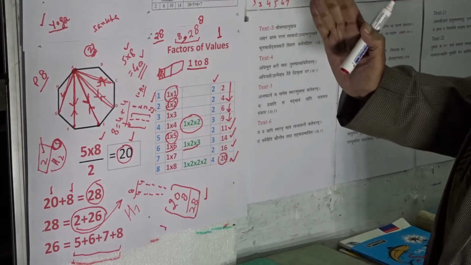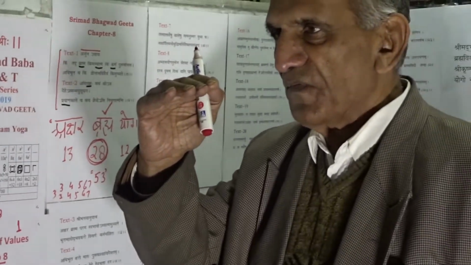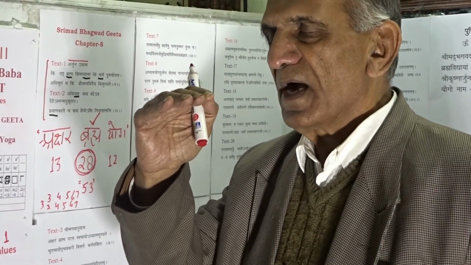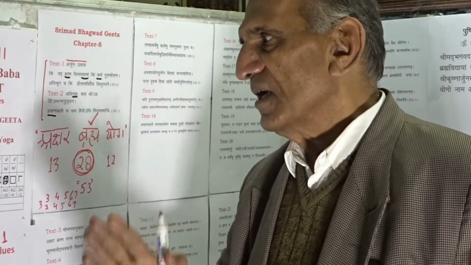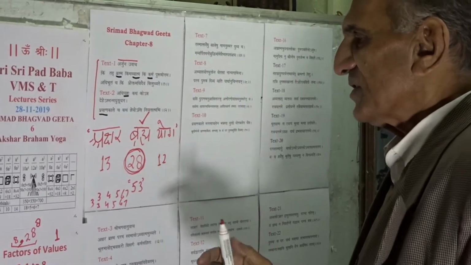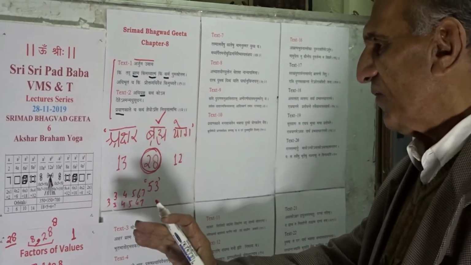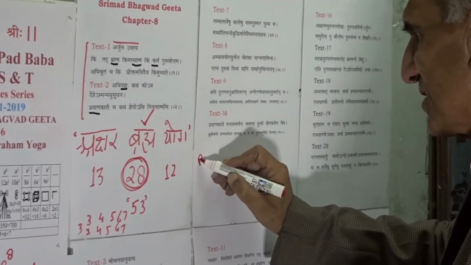This way we see that the organization format of chapter 8 Akshar Braham Yoga is a format which is a highly sophisticated mathematical format which is availing polygon 8.